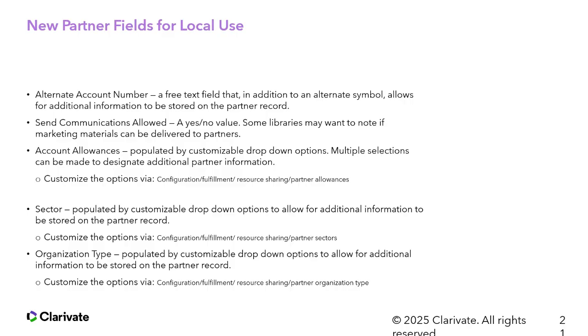Sector is populated by a customizable drop-down option to allow for additional information to be stored on the partner record, and it is a singular selection available. Organization type, likewise, is populated by a customizable dropdown to store additional information on your partner record and is a singular dropdown value, but that value that you choose for that partner record is again customized by your library team, and that pathway is configuration, fulfillment, resource sharing, partner organization type.